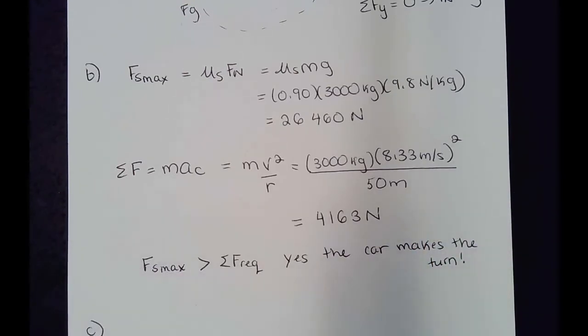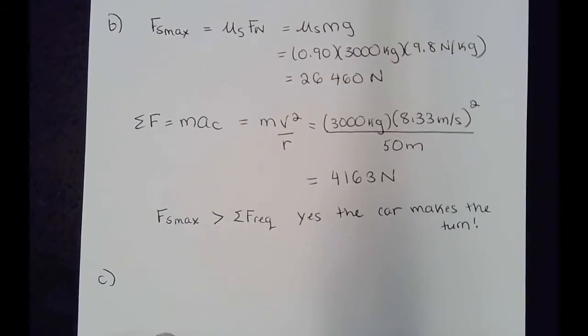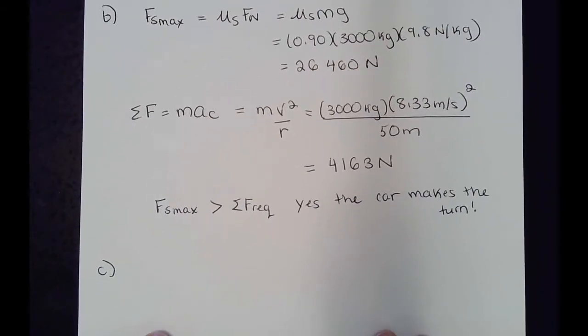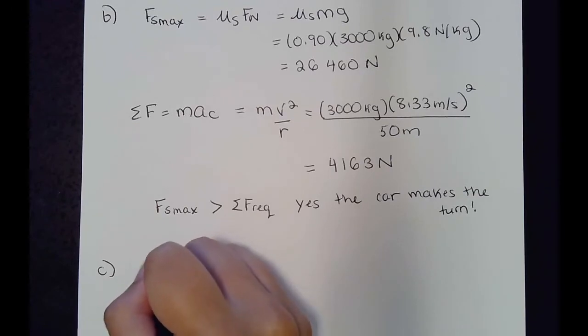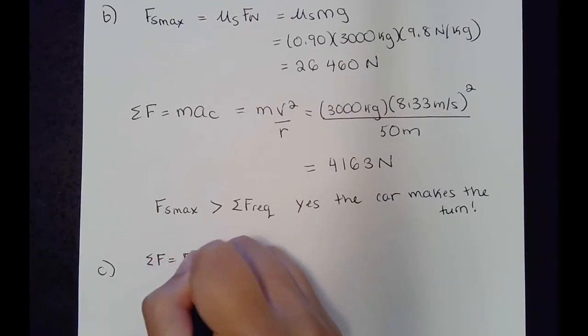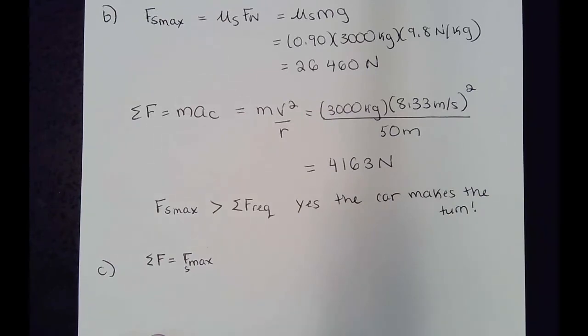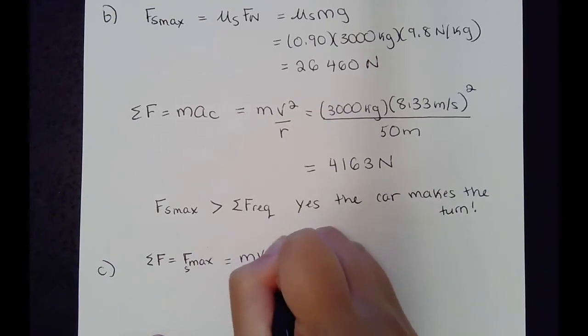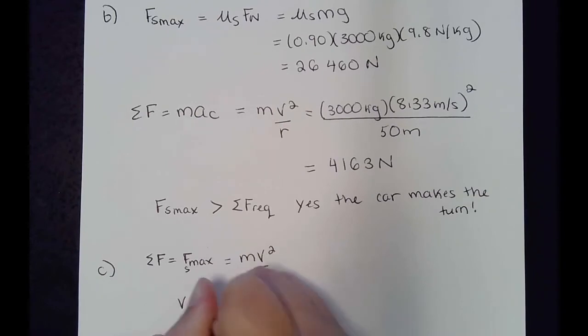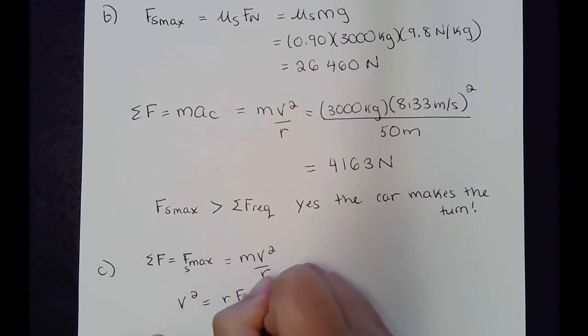So then following that, the question is, how fast could it go and still make the turn? In that case, we would have our net force equal to the maximum value of static friction, Fs max. And then that's going to equal m v squared over r. So we'll get v squared equals r Fs max over m.